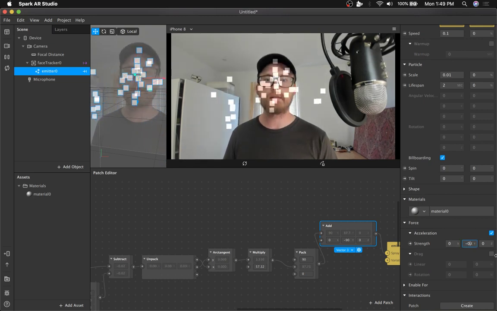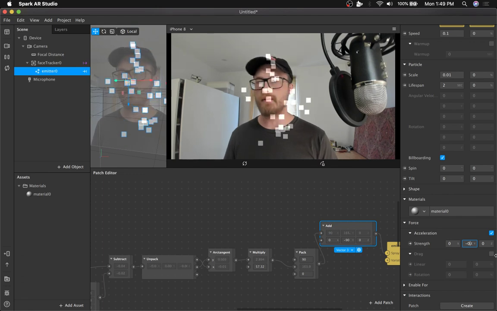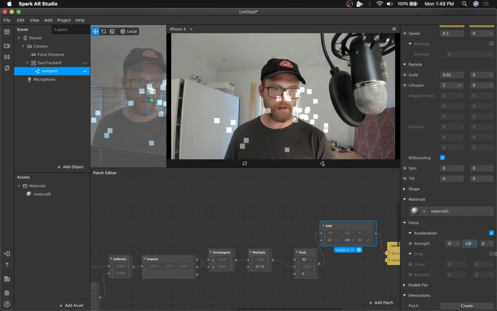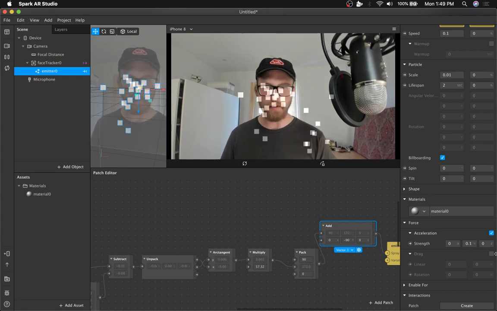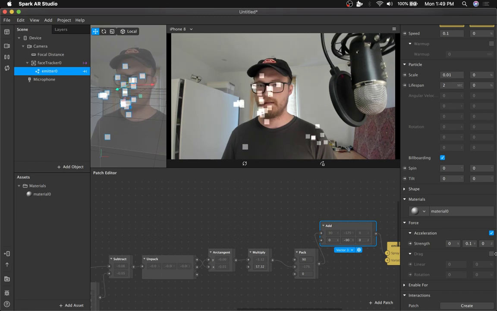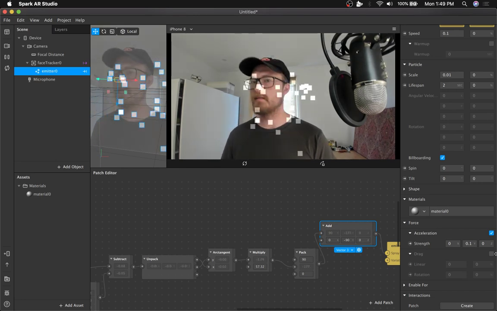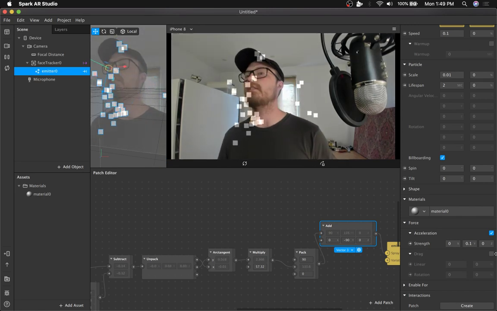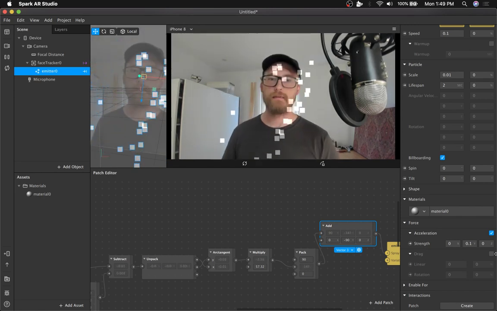So it kind of looks, yeah, it's on. It's not very strong, so we can bump it up. Let's do 0.1. So it's pretty cool, feeling fairly natural. You can kind of throw the particles with your head movement.